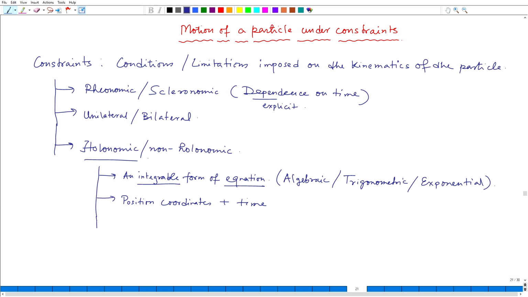Finally, we say that a holonomic constraint is such a constraint which is able to reduce the number of useful coordinates in the problem.